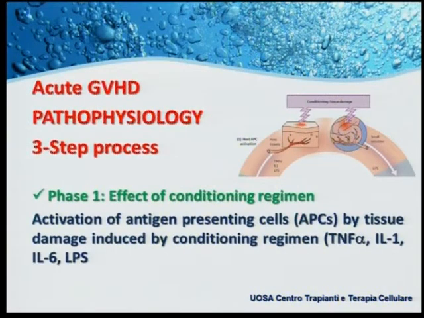The pathophysiology is described as a three-step process. Phase one is characterized by tissue damage induced by the conditioning regimen, chemotherapy or radiation therapy, followed by an activation of host antigen-presenting cells.